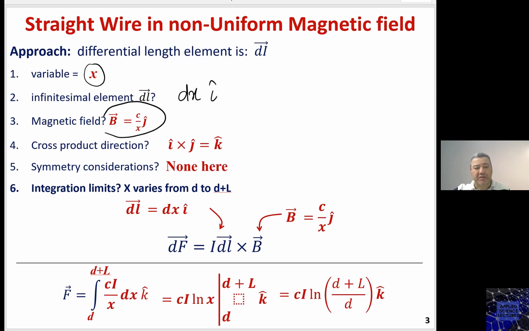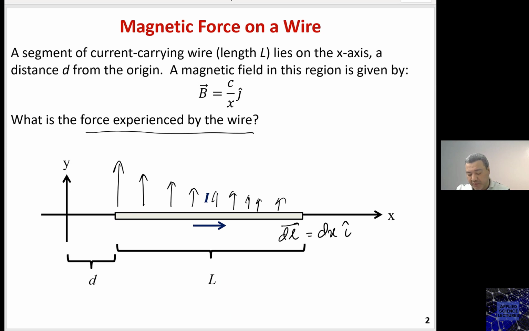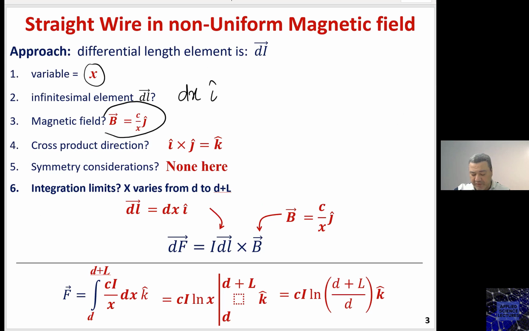Now, the cross product between my differential element and my magnetic field, because at the end I am looking at dl cross B. In this case, the magnetic field is along the y-axis, j hat. So I am looking at the cross product between i hat and j hat. As we have learned earlier, i cross j is going to give me k.